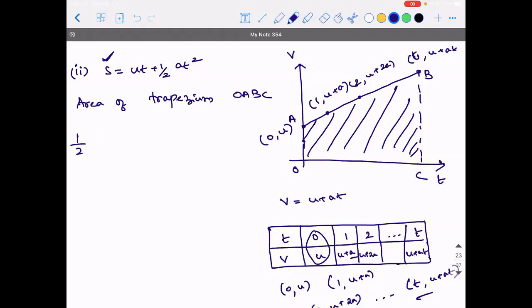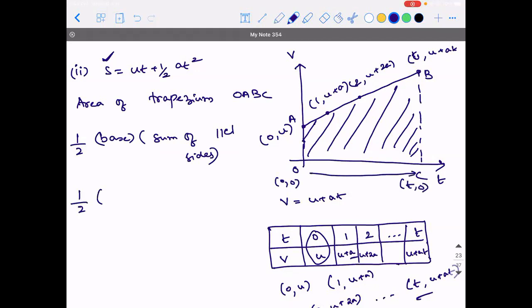Yeah, you can do that, but you directly have a formula for the trapezium itself. Area of trapezium is half into base into sum of parallel sides. So half into, how much is the base, guys? This point is 0, 0. This point is t, 0. So the base is t.